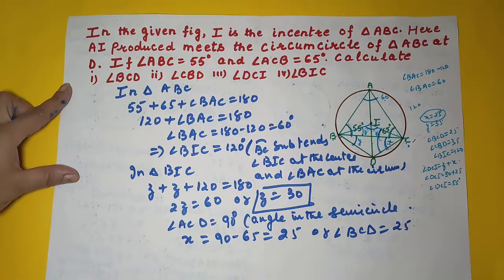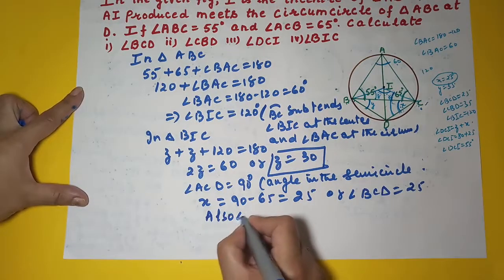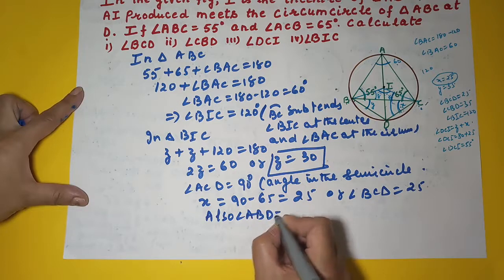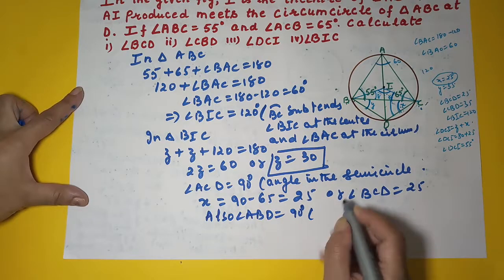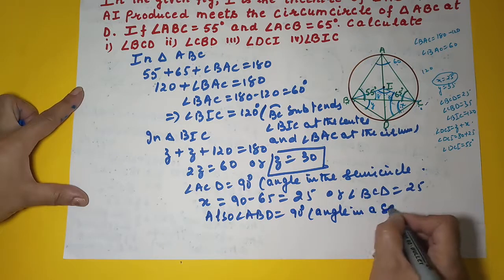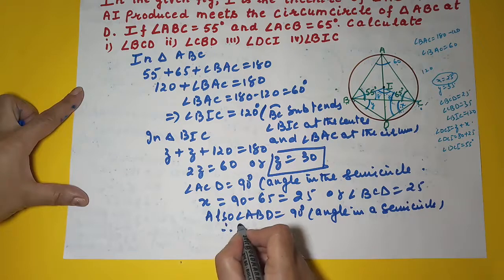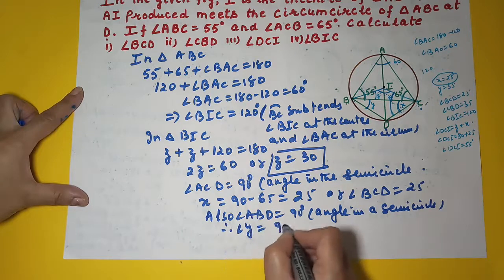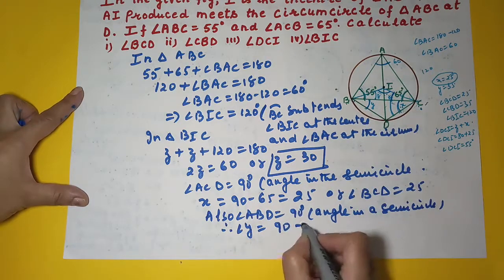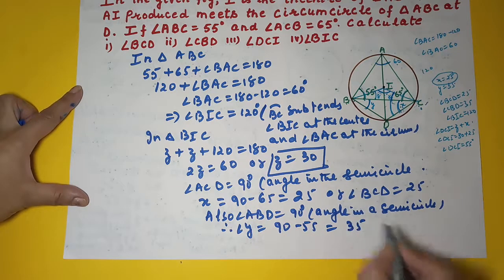Similarly, you can also write angle ABD is equal to 90 degrees. Same reason, angle in a semicircle. Therefore, angle Y is equal to 90 minus this 55, which is equal to 35.